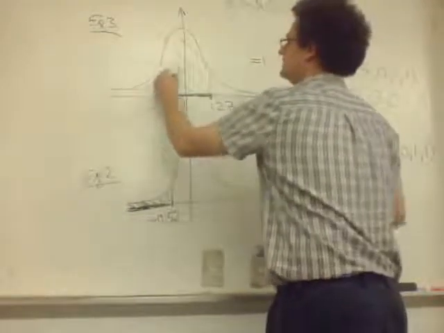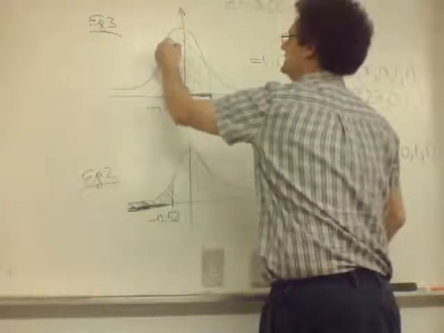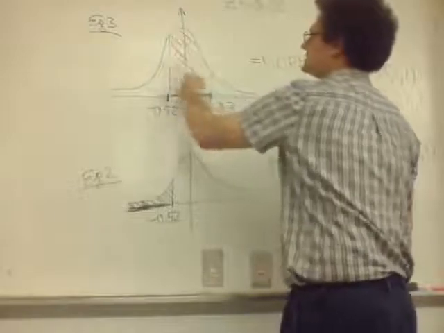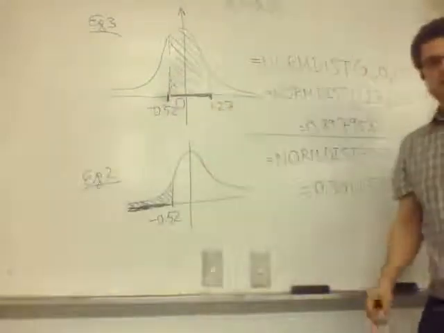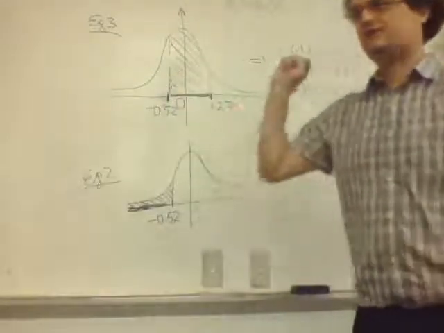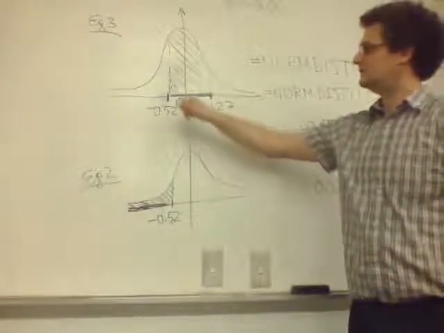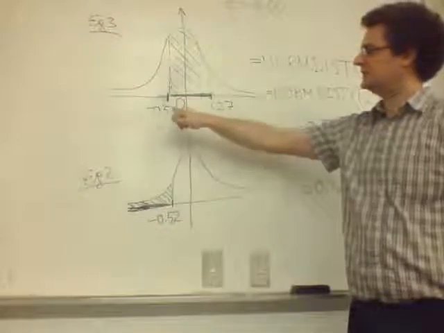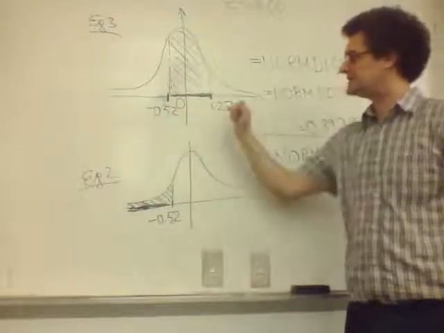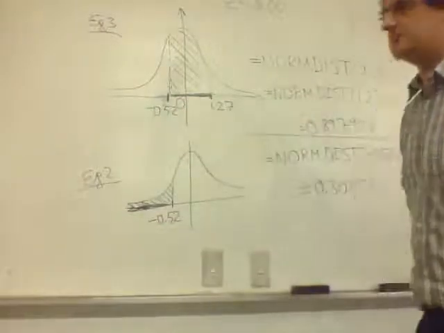All right? In other words, what's the probability that a randomly chosen thermometer will, at the freezing temperature, show a temperature between negative 0.52 Celsius and 1.27 Celsius.